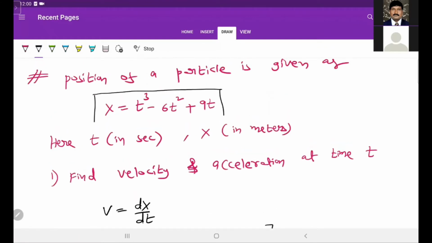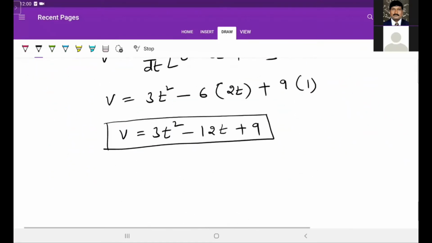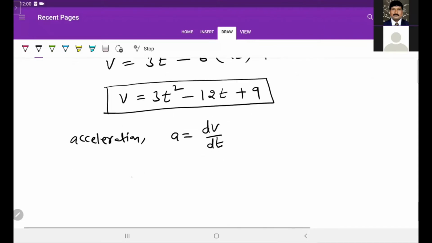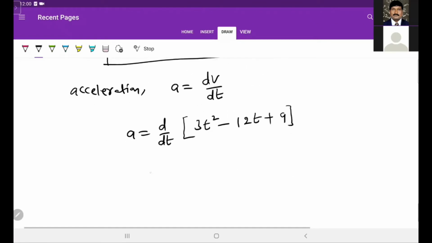Position is given. After first differentiation, we get velocity. So this is the velocity. Next, acceleration. a is equal to dv by dt. d by dt of 3t square minus 12t plus 9. 3 is constant, write it outside.